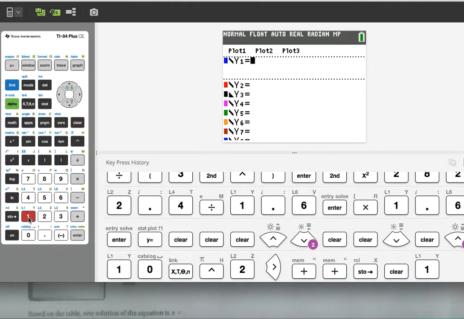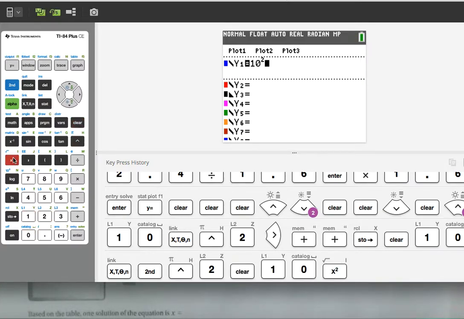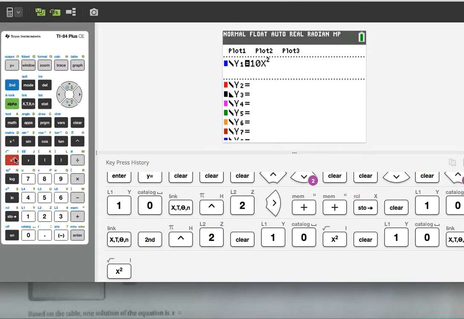As you can see on the computer, this is sometimes tricky, but 10x, let's square it. I'll get this right one day, I promise. So we got 10, we've got x, we're squaring that. We're then adding on x. We are then deducting 42. And we're hitting graph.